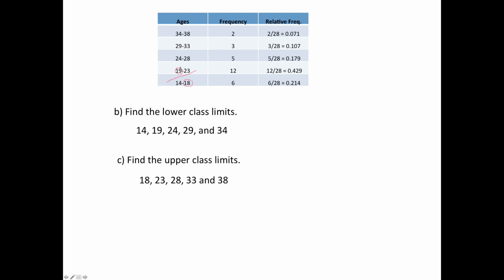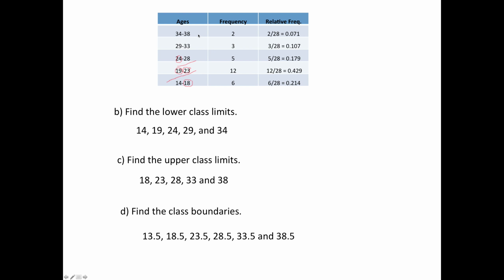And then the next one, going from 23 to the next one, 24, the dividing point is going to be 23.5. So find the class boundaries, and that's going to be those decimals. Now, I started with 18.5 and then 23.5, etc.